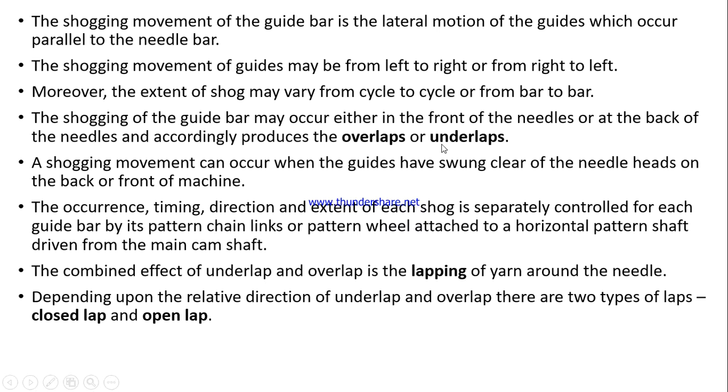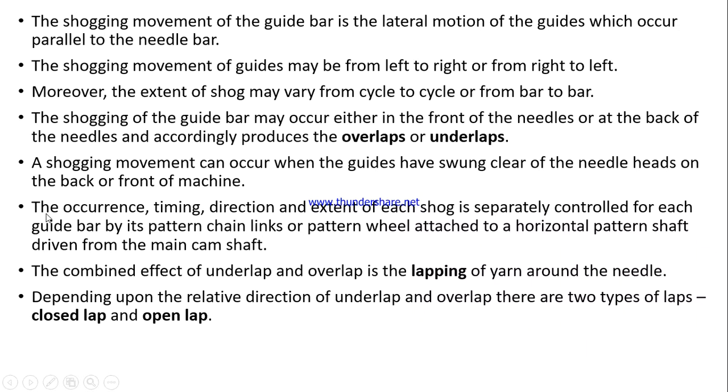Then the hook of the needle cannot catch the thread, so no loop formation occurs. The shogging movement can occur when the guides have swung clear of the needle heads on the back or front of the machine.